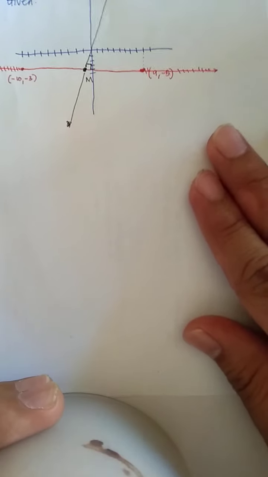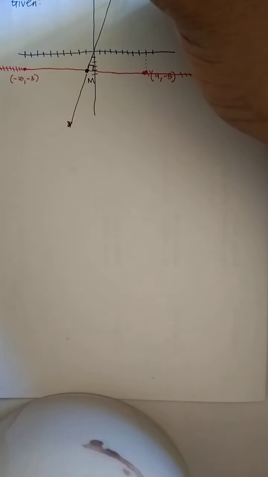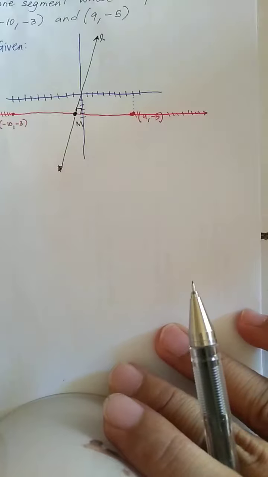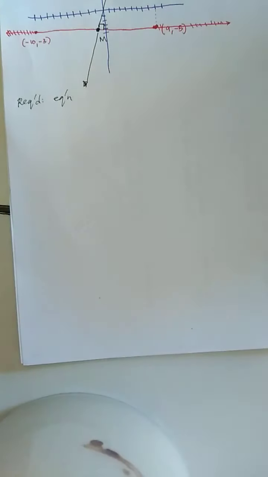Let's label this one as our L. Required is of course the equation of the perpendicular bisector.